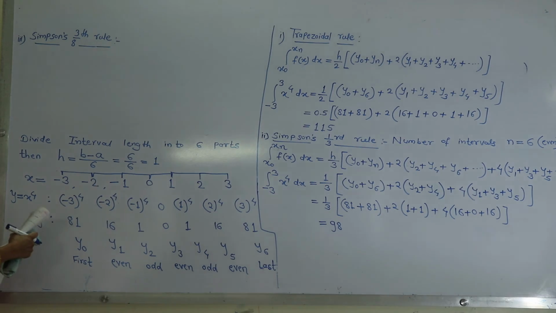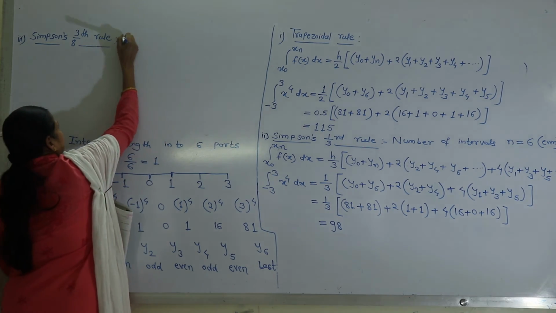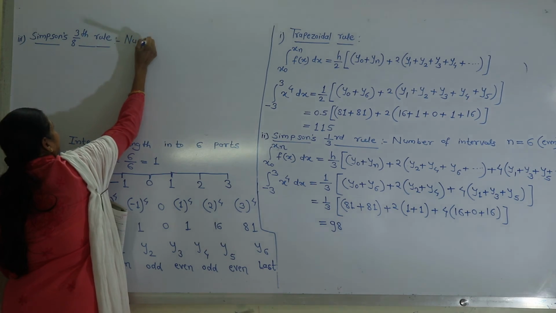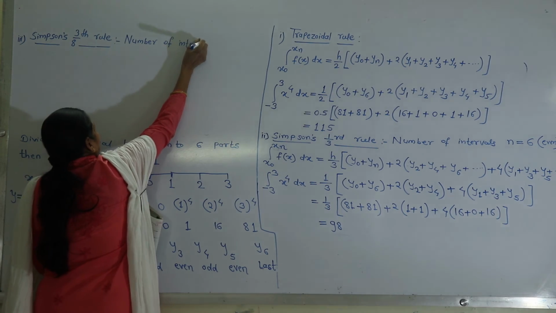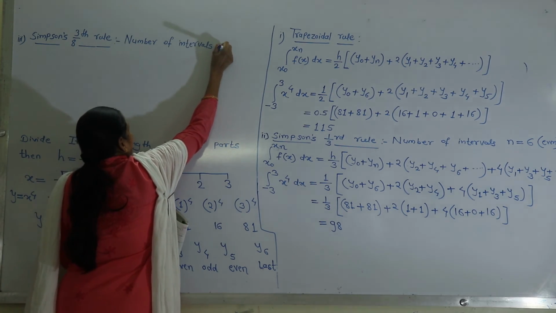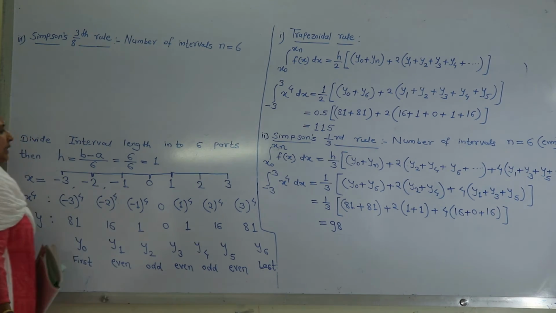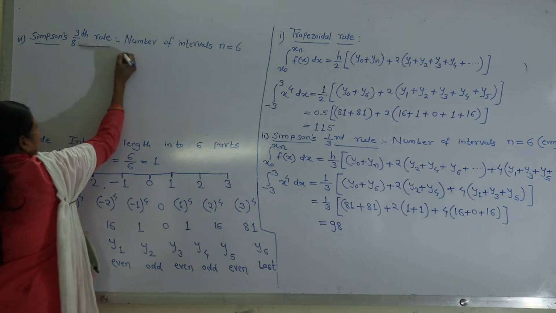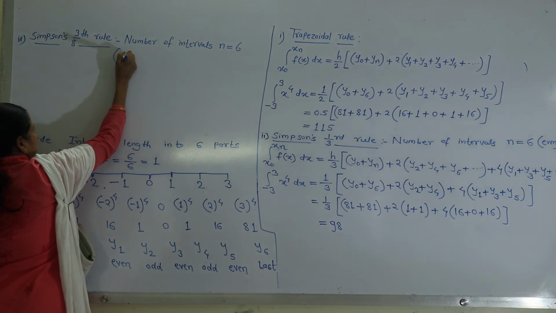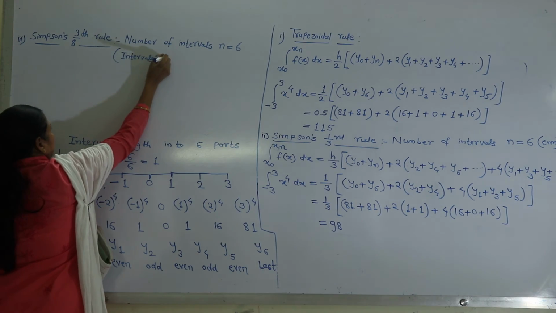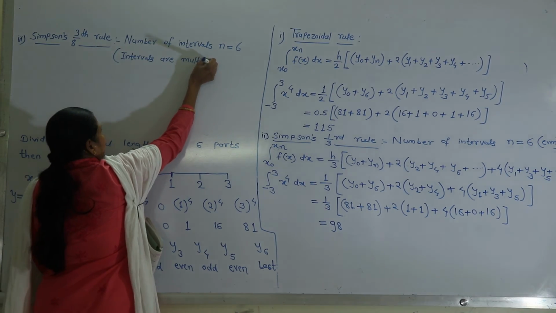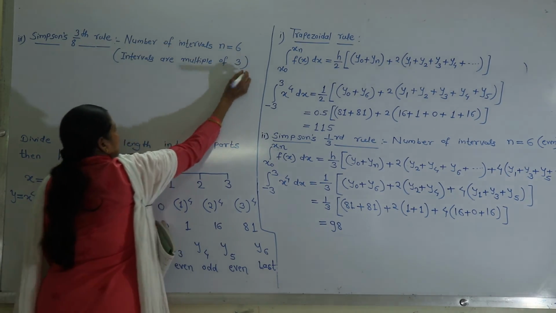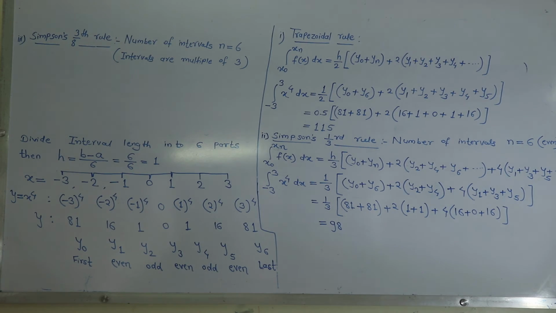The number of intervals is 6. N value is 6, and these intervals are a multiple of 3. 6 is a multiple of 3, and therefore we can use the 3/8 rule.